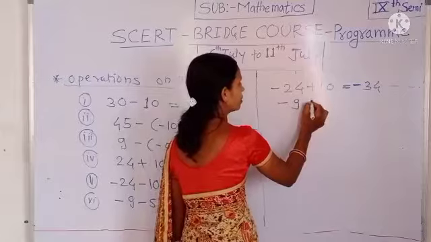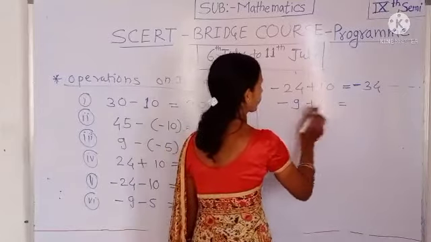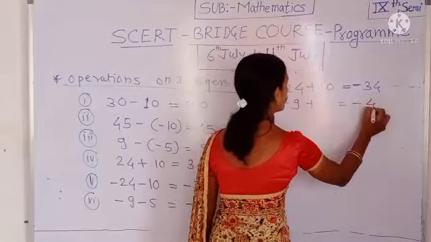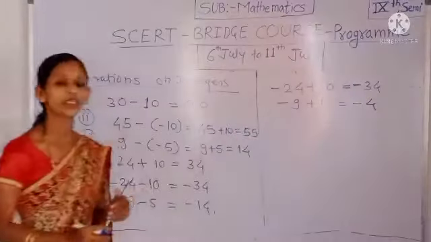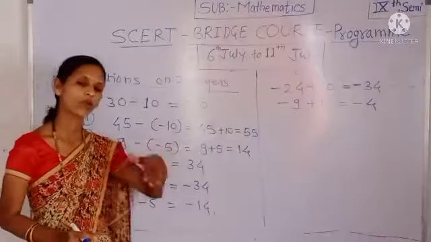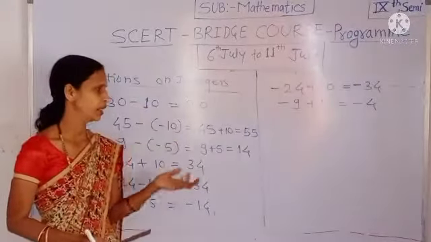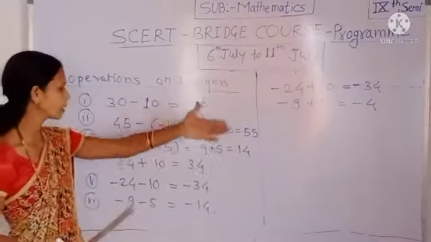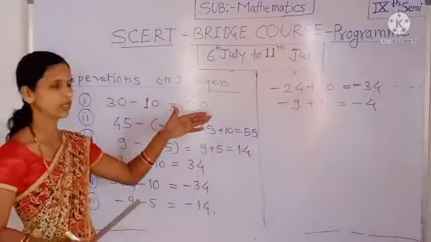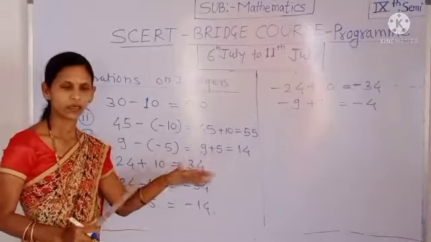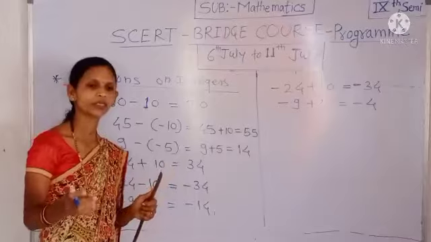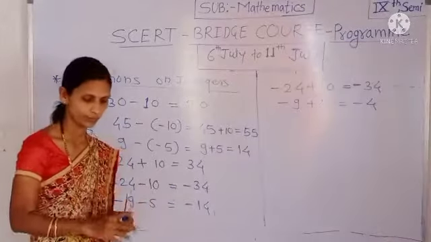Like that, minus 9 plus 5 is minus 4. These are a few operations you have already studied in the previous standard. Then practice those types of examples by solving them in your notebook.